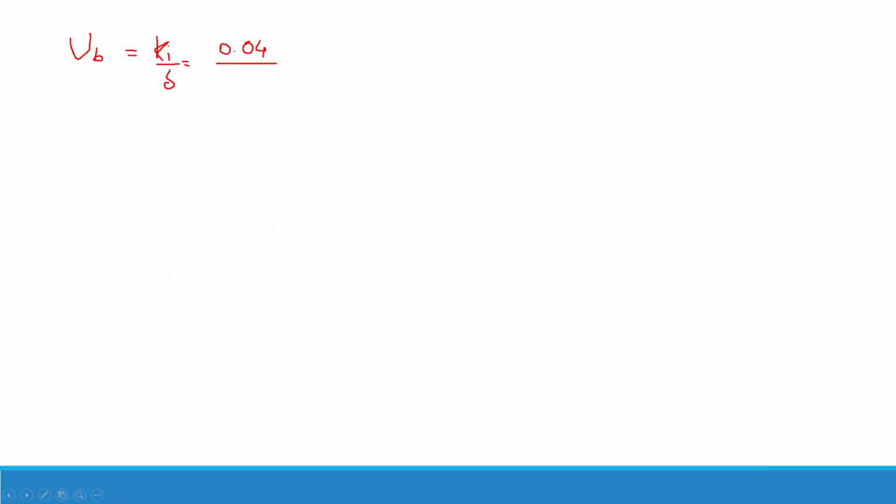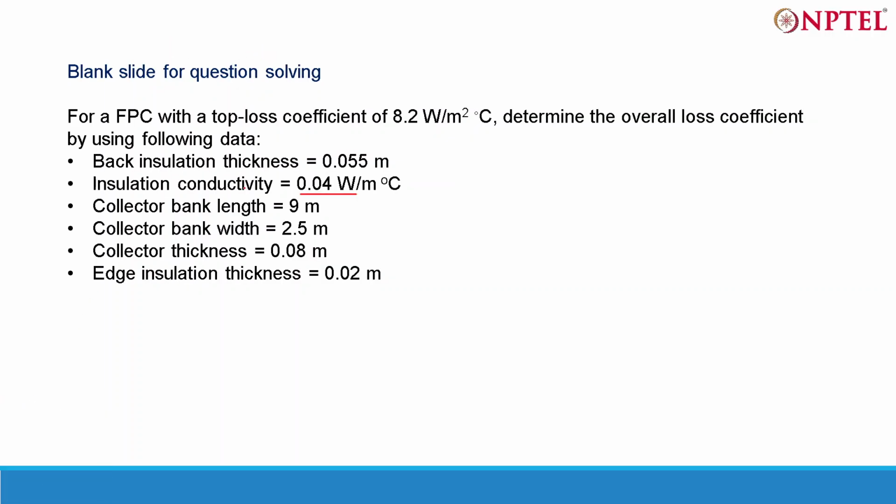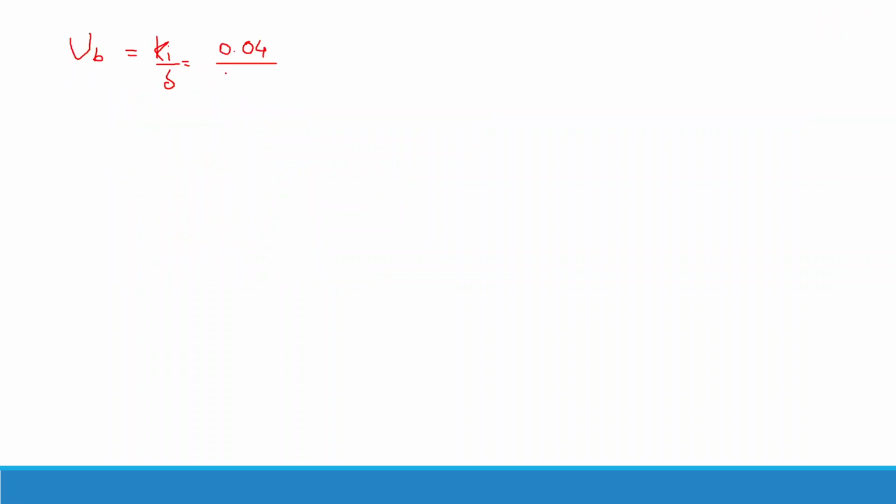We were planning to solve a numerical and I was trying to explain each and every approach. Delta is the back insulation thickness, that is 0.055.